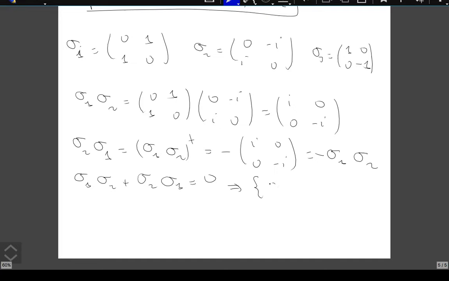Or their anti-commutator, in fact, you can just show that whatever sigma i's are, the anti-commutator of sigma I, sigma j is always equal to 0 if I is different than j. If you just take two sigma matrices and change their order, they change sign.